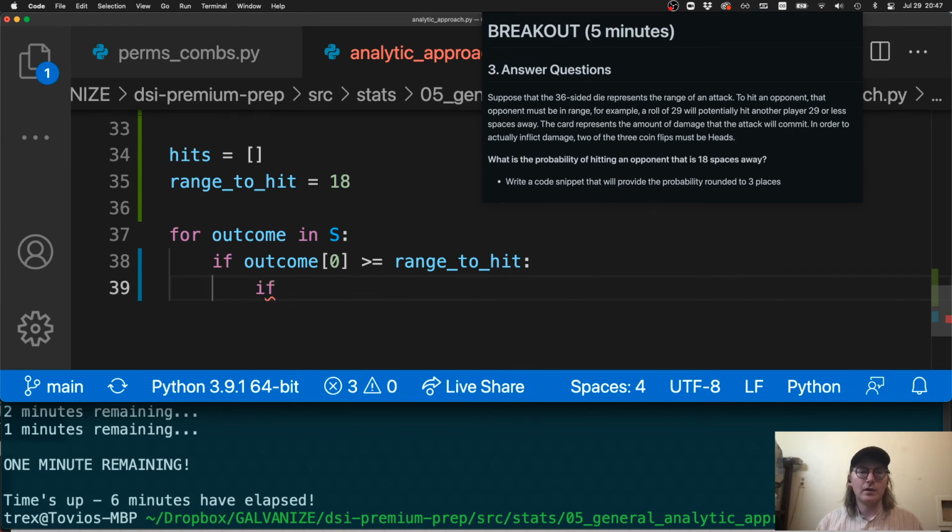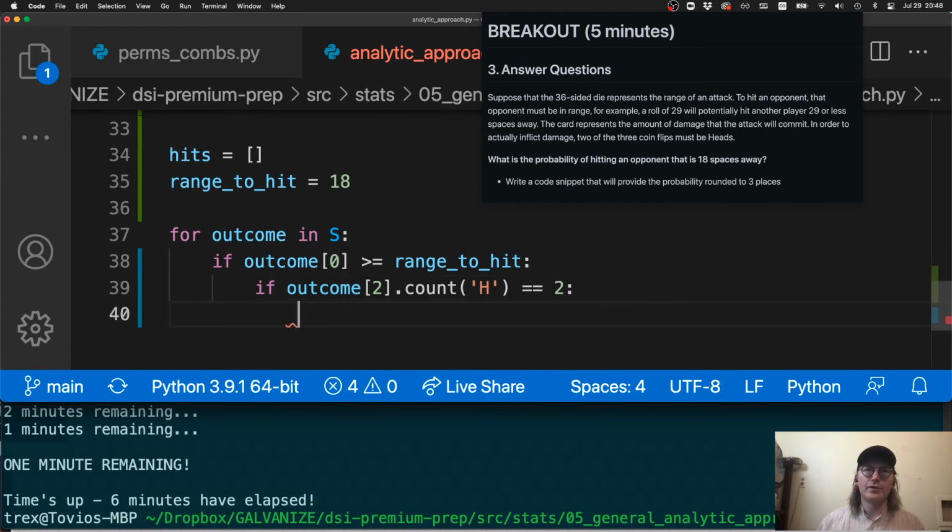And then I'm going to do this as a nested if. You could do it as a compound condition. If outcome sub 2 dot count of heads is equal to 2. In order to actually inflict damage, 2 of the 3 coin flips must be heads.